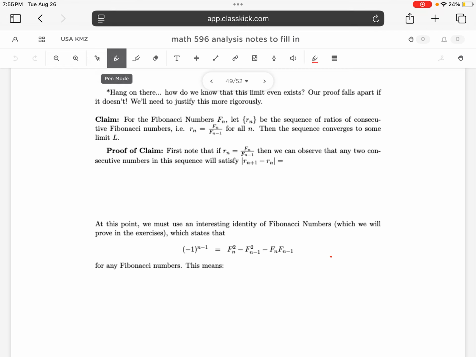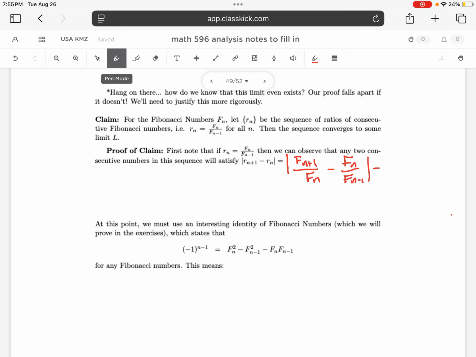R(n+1) minus R(n), the difference between two consecutive terms in this sequence, is going to be F(n+1) over F(n) minus F(n) over F(n-1). That's just by plugging in the definitions of R(n+1) and R(n).